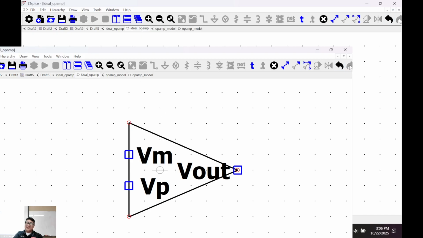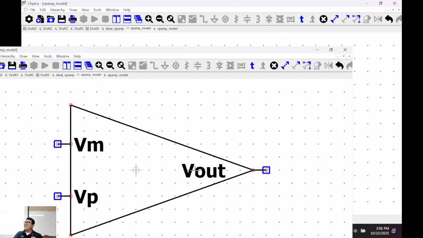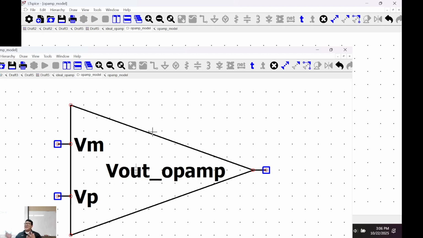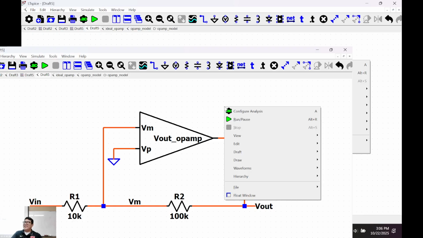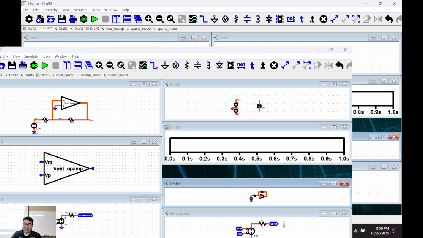Wrong symbol. Get out of here. Op amp model. V out op amp. You see, now they're connected. Is that verifying that everything's making sense? Okay. Save button. That's our thing. Now let's run it. Boom. Okay. Let's see what we have here.